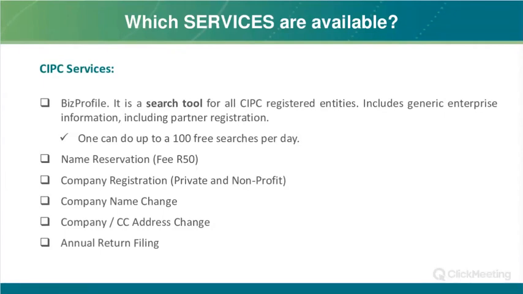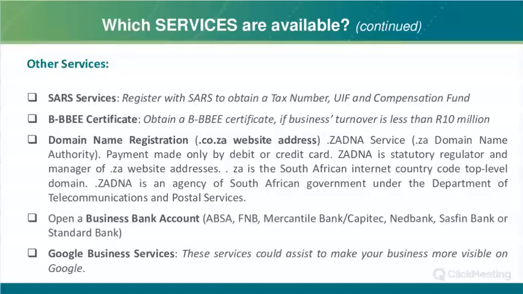Company registration for both private and non-profit companies, company name change, company OCC's address change, and annual return filings. Other services which are available on the Biz Portal platform are SARS services. Register with SARS to obtain a tax number, as well as UIF and compensation fund.